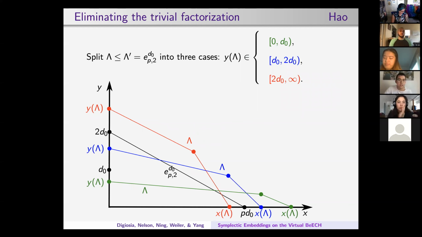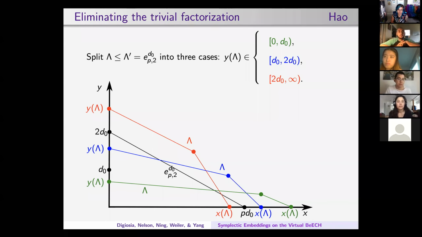So if the y-intercept of lambda is rather small, like drawing the green cases, then the ECH index requirement, which remember, as Yirong introduced, is directly related to the number of integer lattice points that sit underneath the graph of the generator, forces the x-intercept of lambda to be large, because lambda needs to enclose roughly the same number of lattice points as EP2 to the d naught, which we have taken to be lambda prime, right?